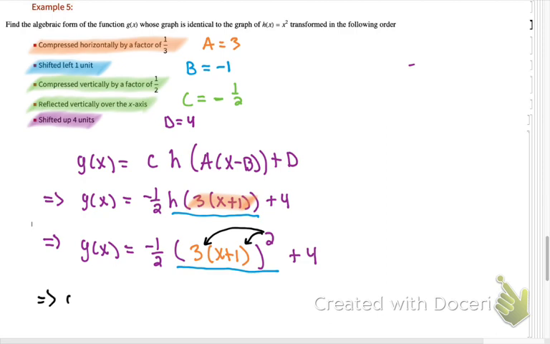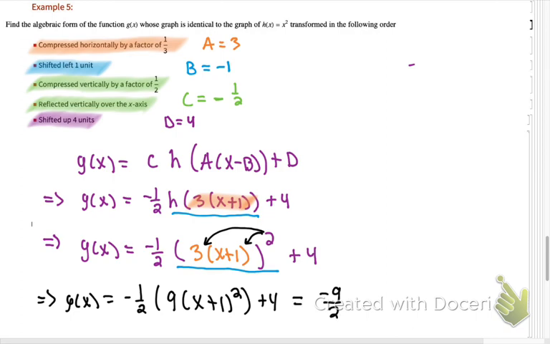So now g of x would be -1/2 times 9 times x plus 1 squared with a plus 4 on the back, which is going to be equal to negative. So multiplying the -1/2 times the 9, I get -9/2 times the x plus 1 squared plus 4.